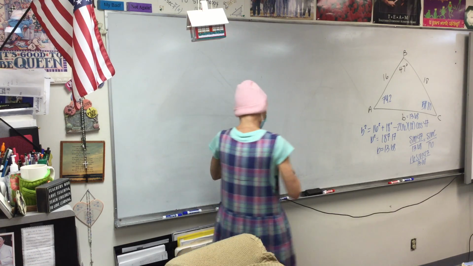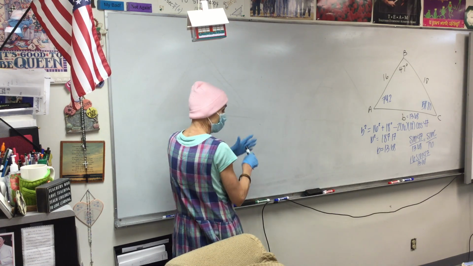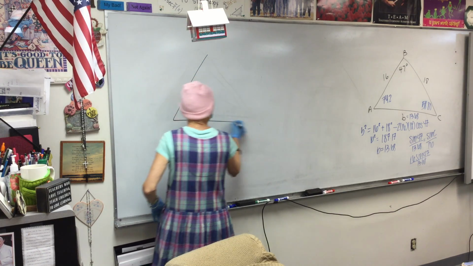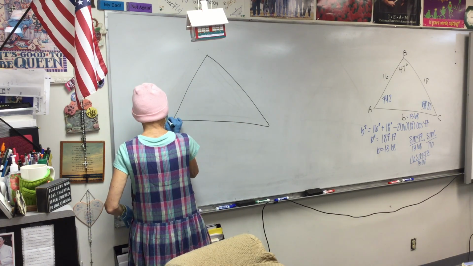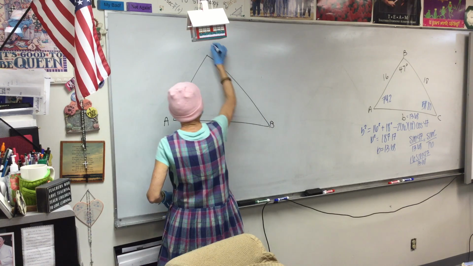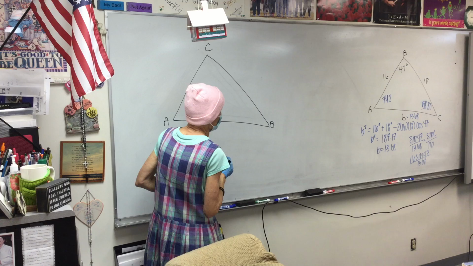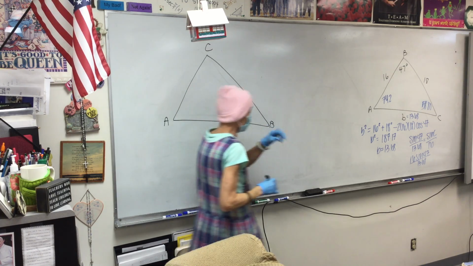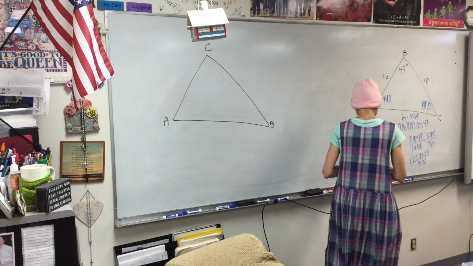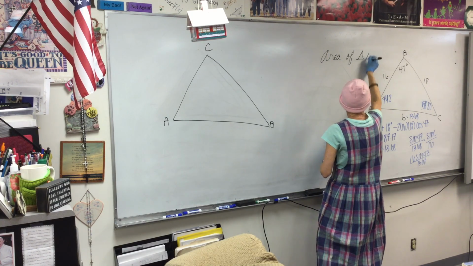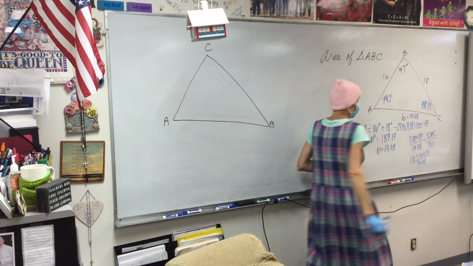All right, now then, we're gonna take this to the next level. In fact, I'm gonna use Victoria's problem. We're gonna find the area of triangle ABC.